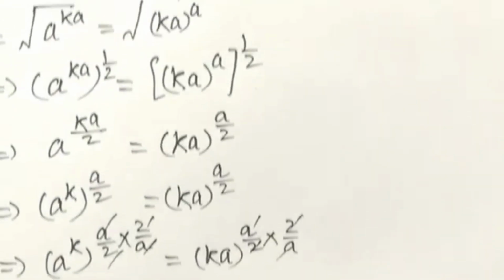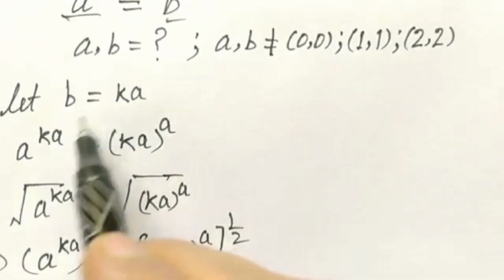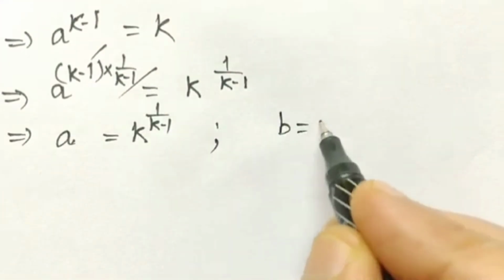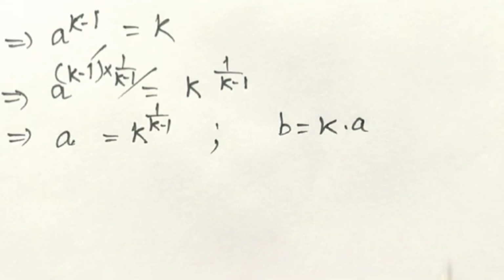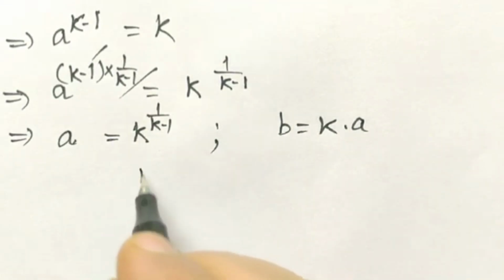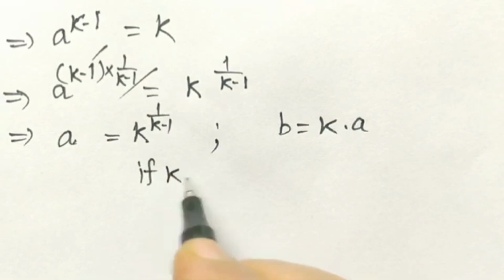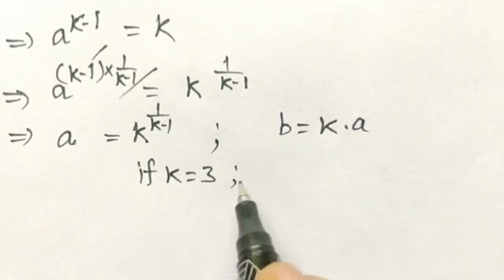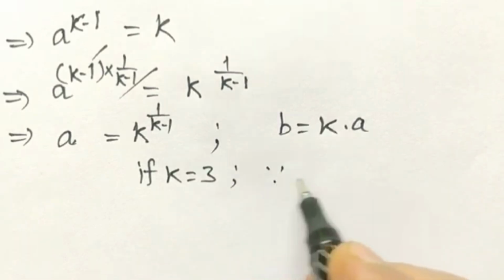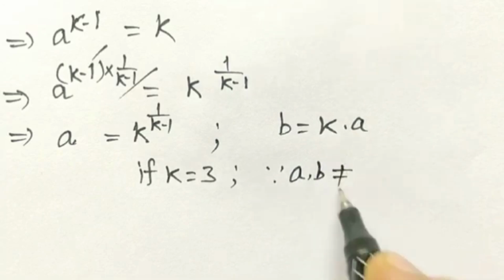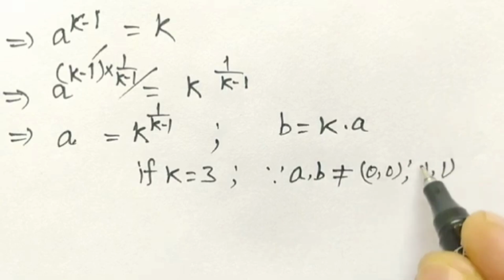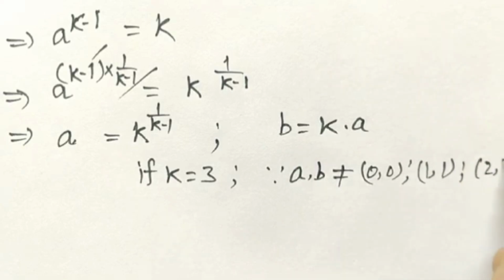And as we have assumed, b is equal to k into a. If k is equal to 3, we cannot take 0, 1 or 2, because a, b is not equal to 0, 0 or 1, 1 or 2, 2.